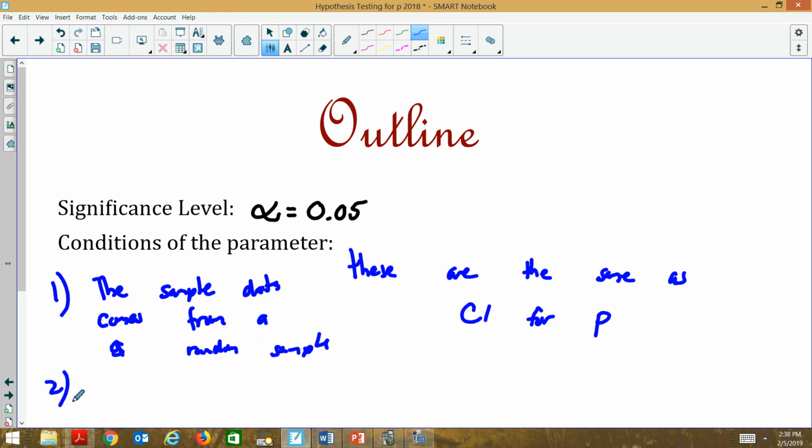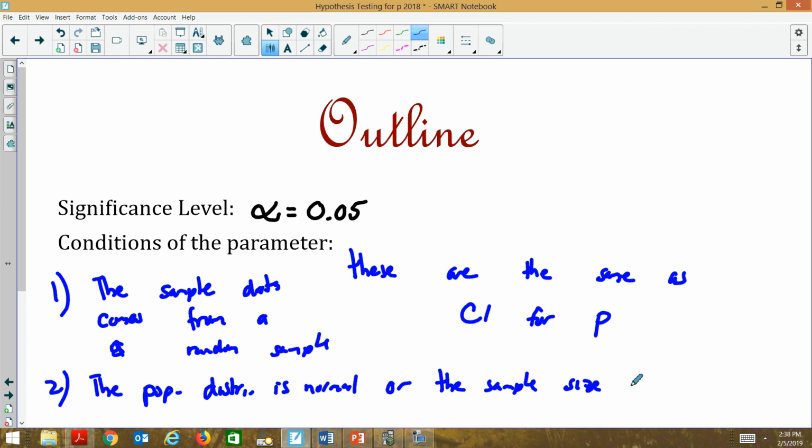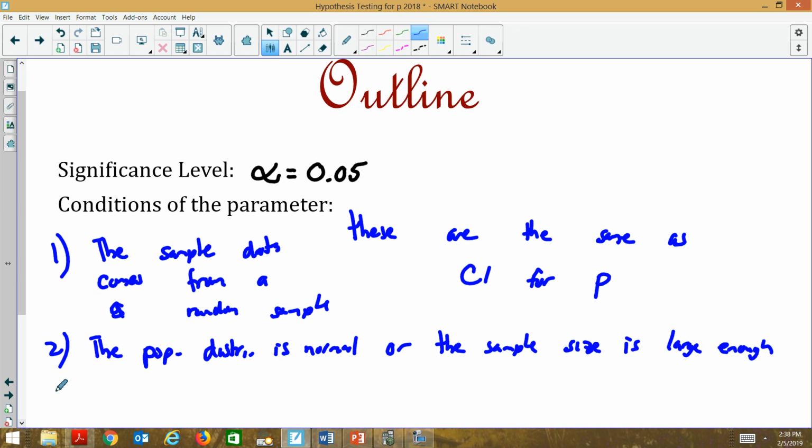Secondly, we have to see if the population distribution is normal, or if it's not normal, or we don't know, that we have a large enough sample. And then third, we have to make sure that our sample size is less than 10% of the population.